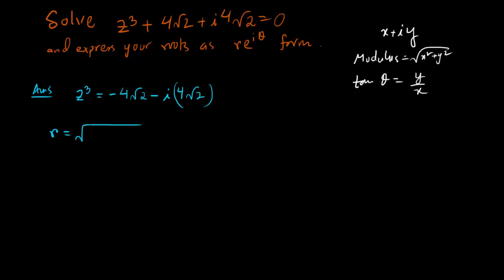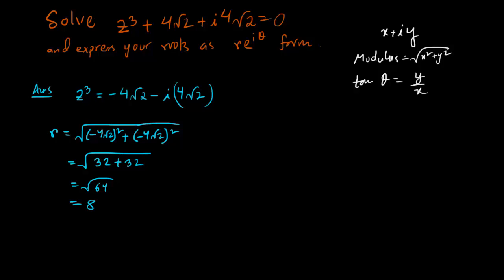Square root of minus 4 square root of 2 whole squared plus minus 4 square root of 2 whole squared. So this is going to be 4 squared is 16, square root of 2 whole squared is 2, 16 2s are 32, plus this is also going to be 32 since they're the same. Square root of 64 is going to be 8.